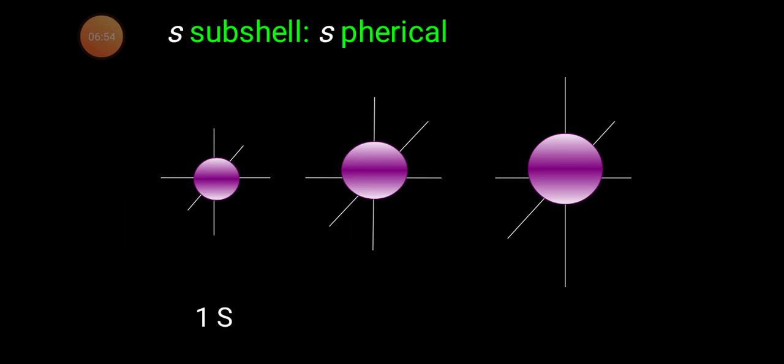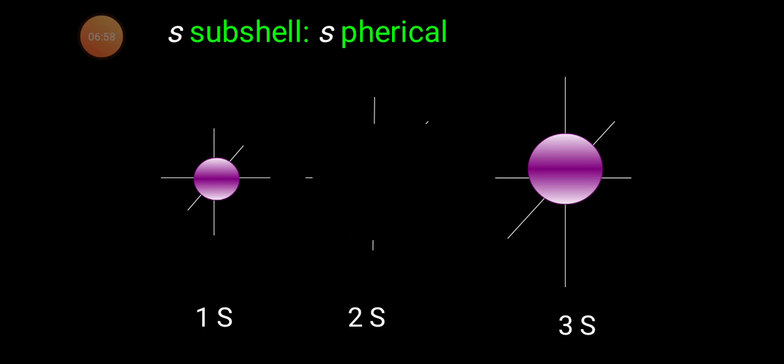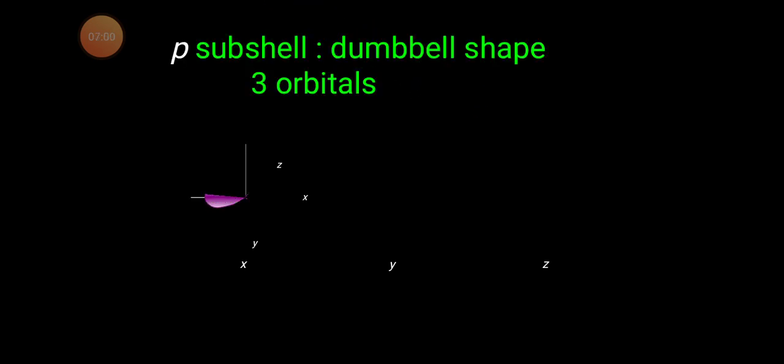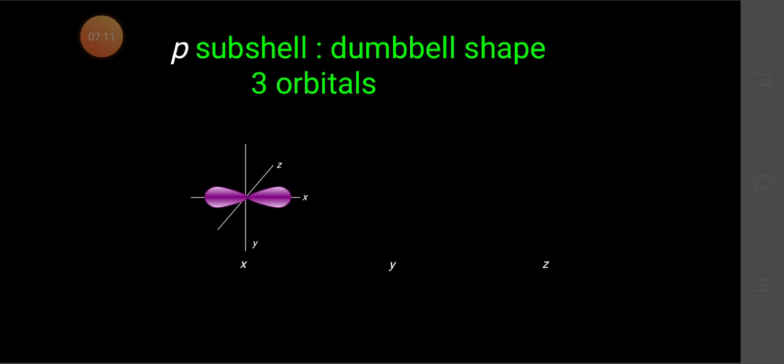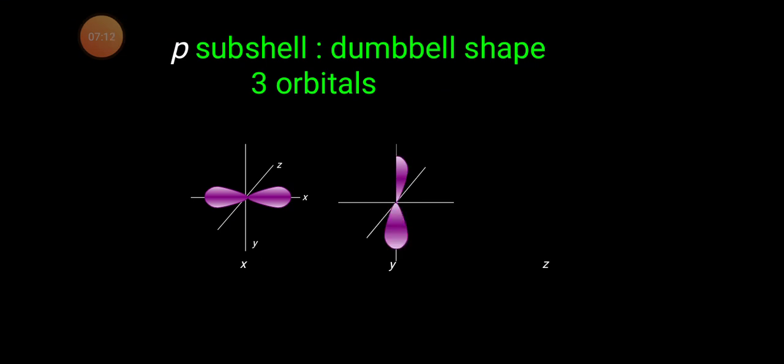Size increases as the principal quantum number increases. We have another, the p orbital. The p subshell is nothing but the principal, and the shape of this orbital is a dumbbell shape, and 3 orbitals are there according to their x, y, and z axis. So px, py, and pz.